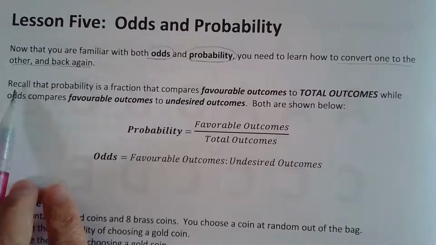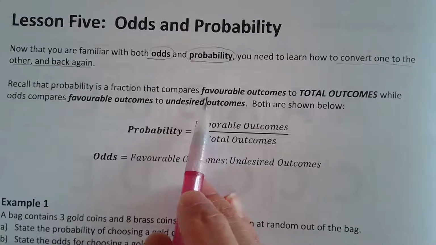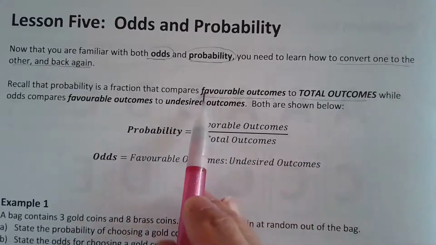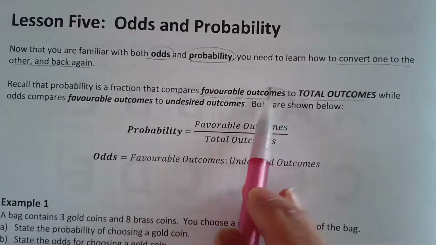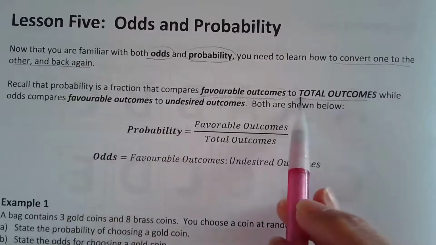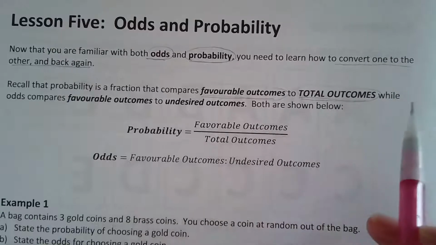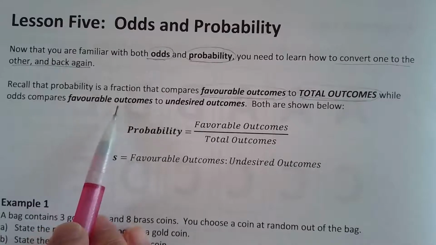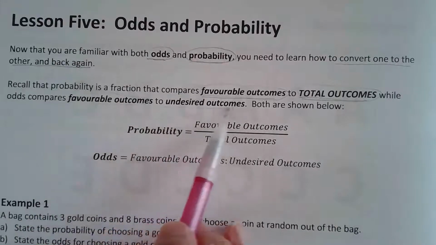So let's recall. Recall that probability is a fraction that compares favorable outcomes to the total outcomes. So whatever event we're looking for, how many ways can it show up or happen, divided by the total outcomes, all of the possibilities. While odds are comparing favorable outcomes to unfavorable outcomes.